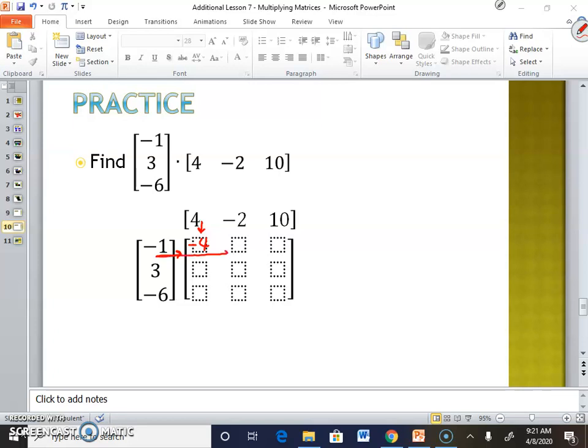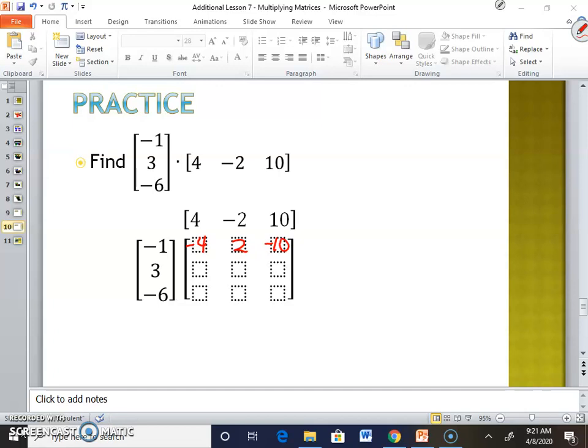Okay, keep moving on. Negative 1 times negative 2. What's negative 1 times negative 2? Positive 2. Negative 1 times 10, negative 10. Okay, for problems where they're 1-bys, I like doing this process just because it's a lot easier to do. Basically, it's just like when you were younger and you were filling out your multiplication tables.